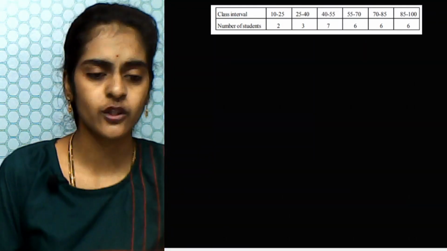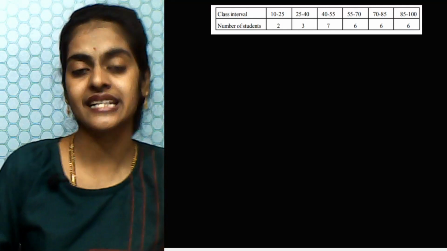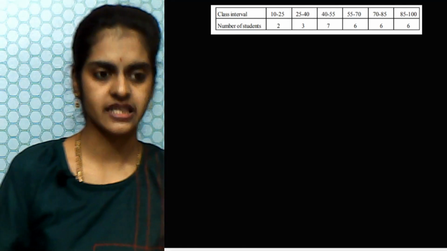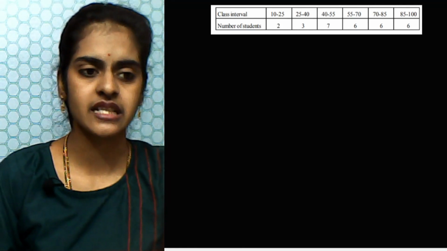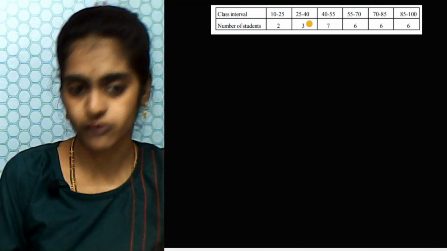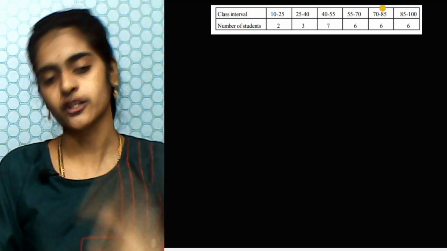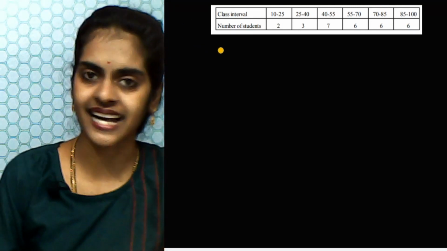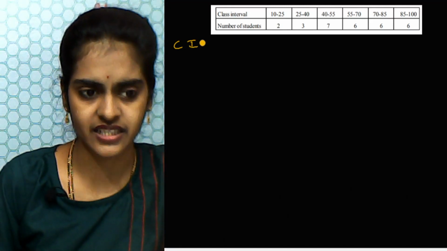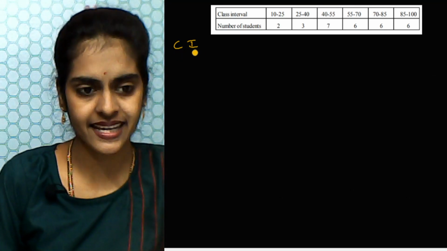So here you can see the class intervals are given to you. As I told you, class interval data is nothing but grouped data. You are grouping the data into class intervals. So firstly, let us write the class intervals here. Let us denote it by CI, class interval.